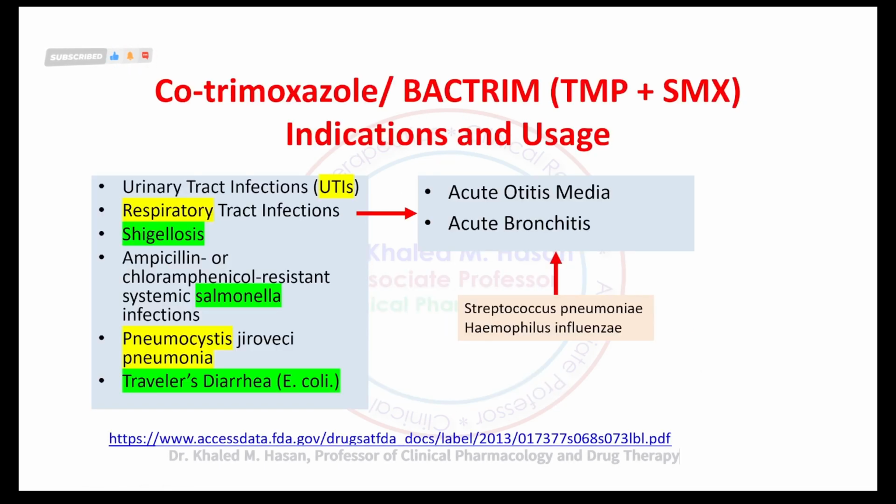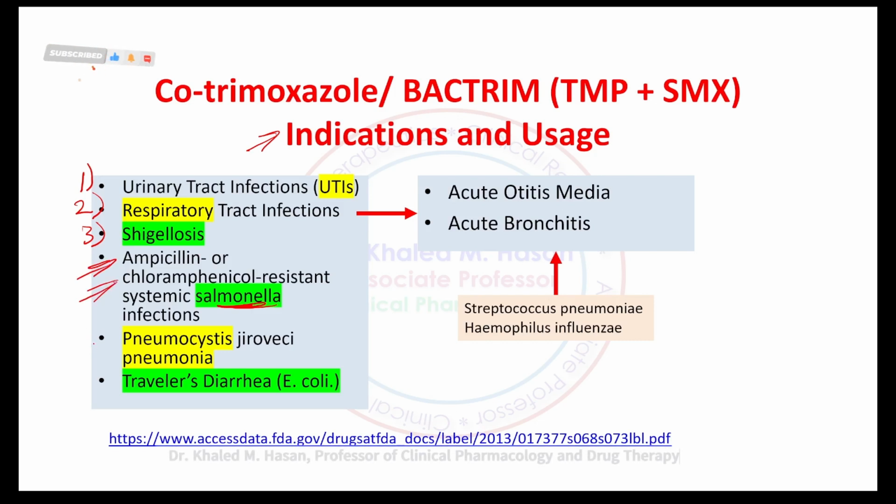This slide presents the clinical uses and indications of Bactrim, or trimethoprim-sulfamethoxazole, cotrimoxazole. Number one, urinary tract infection. Number two, respiratory tract infection. Number three, shigellosis. We can use it for treatment of salmonella if the bacteria resist ampicillin or chloramphenicol, for example.